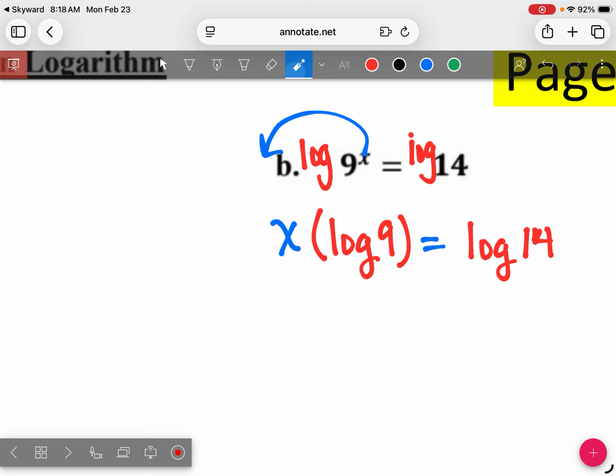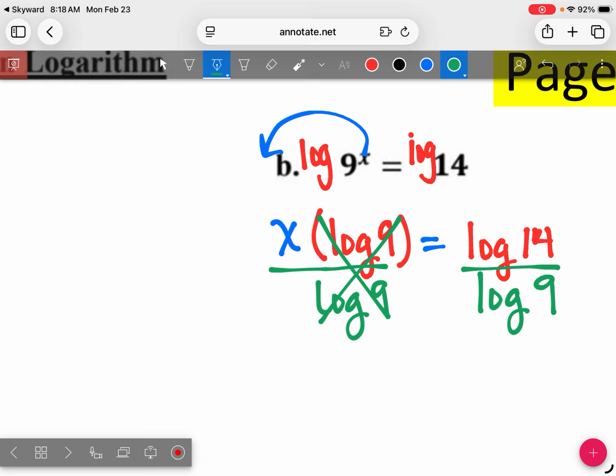Okay, I am trying to solve for x. In order to do that, I need to divide both sides by the log of 9. That's going to cancel that out. So x equals log 14 divided by log 9.